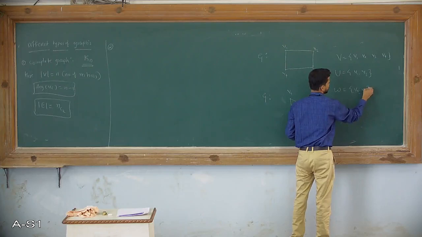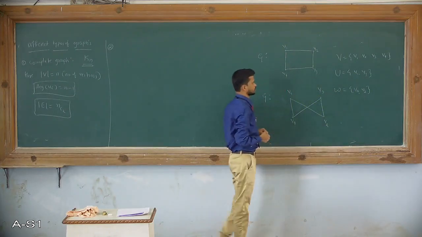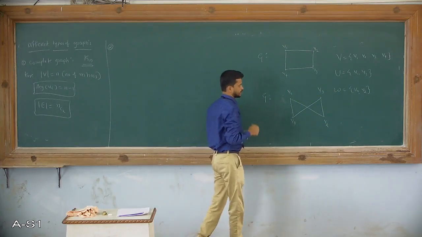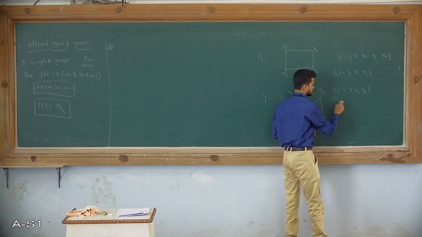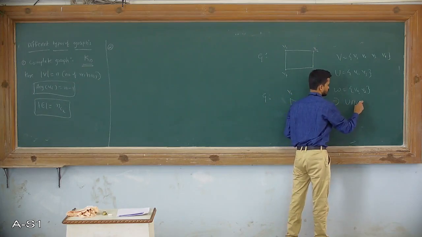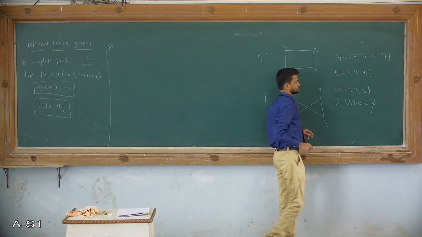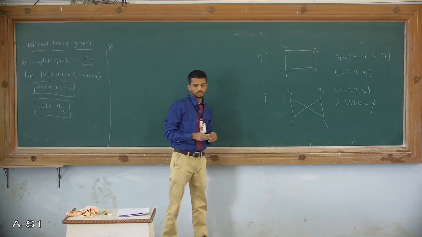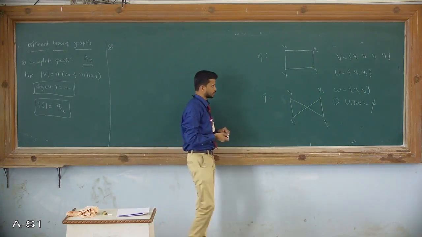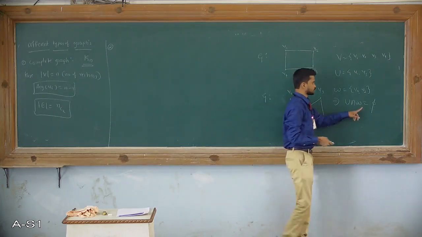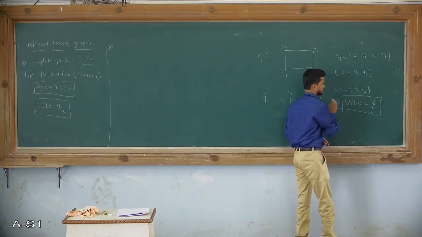So I have considered two subsets here, U and W, such that the intersection of U and W is the null set. This condition is compulsory.